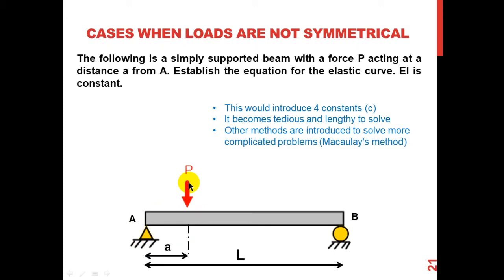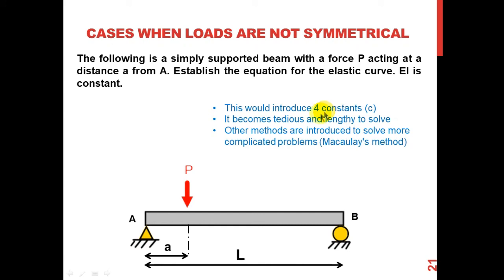If I find the reactions at the supports, the reaction at support A would not be the same as the reaction at support B. So that means if I take a cross section here, I'm going to end up having a moment different from the moment at this section. So that makes it really tedious and lengthy.